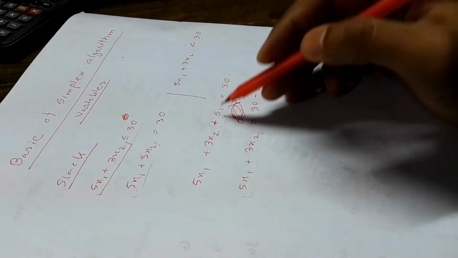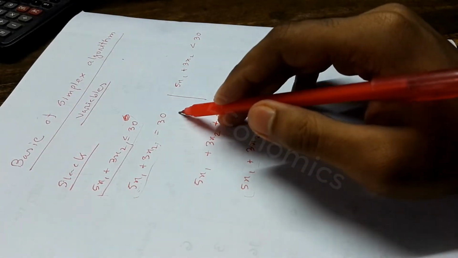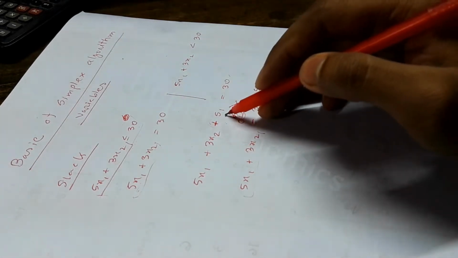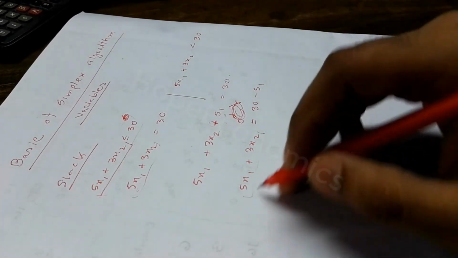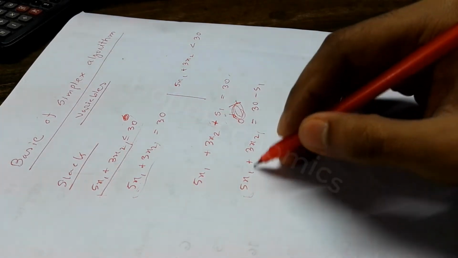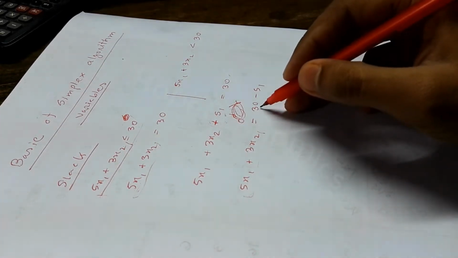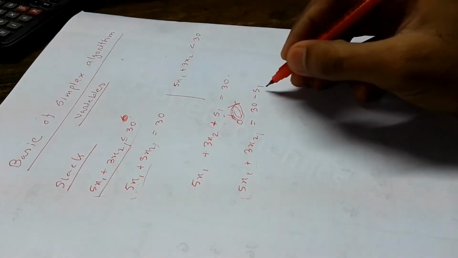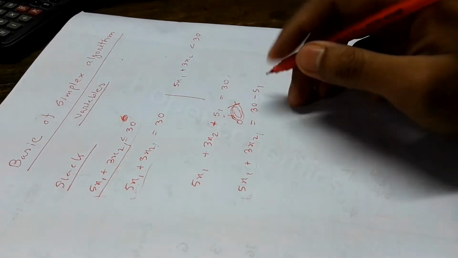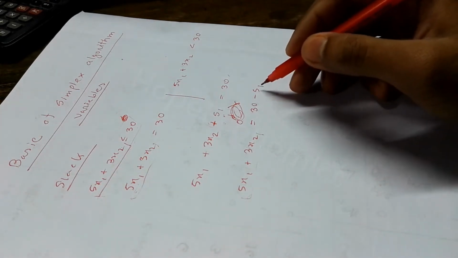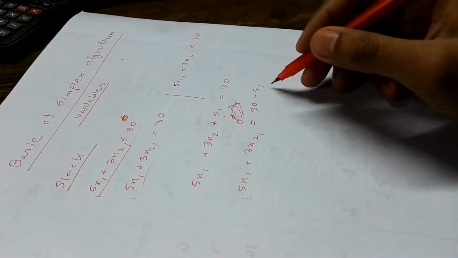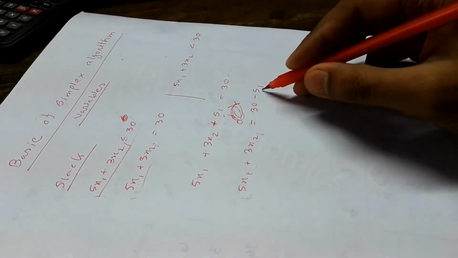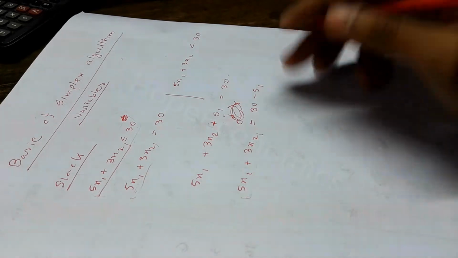If the case is equal to the constant, the value of s1 will be 0. Because if 5x1 and 3x2 is equal to 30, obviously there is nothing we need to add here, so s1 must be 0. It is our extra variable, not a part of our original equation, so the value of s1 will be 0, because 30 minus 0 equals 30.